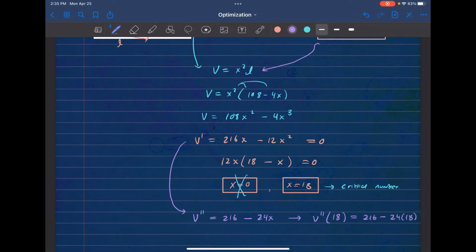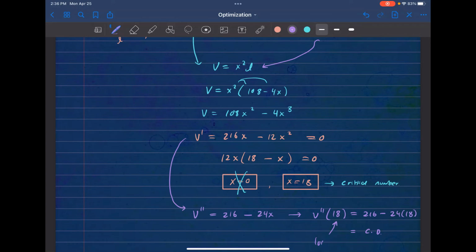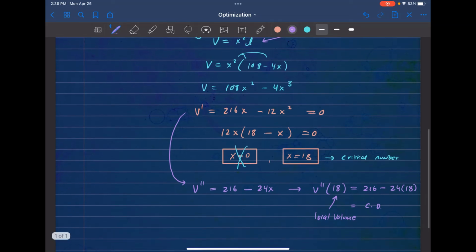And that's a negative number, which means this is concave down. Concave down means we have a local max right here. So that means we do have a maximum volume of this postal box when x is equal to 18. So that's how the dimensions have to be.